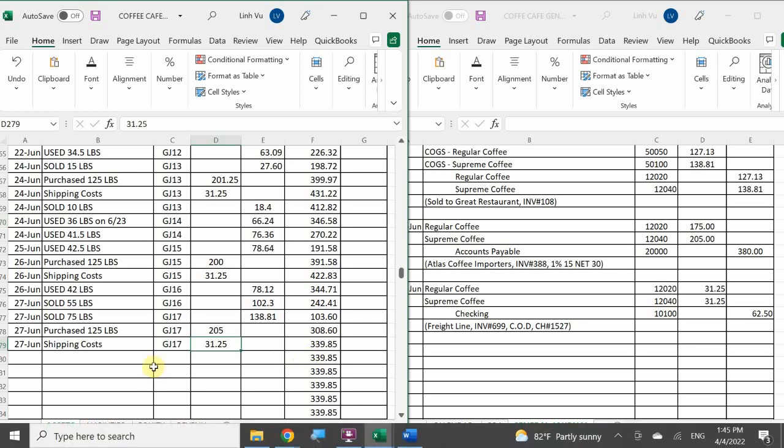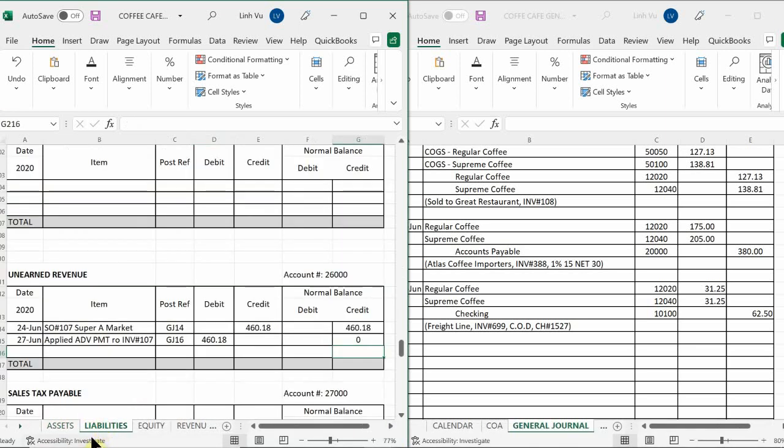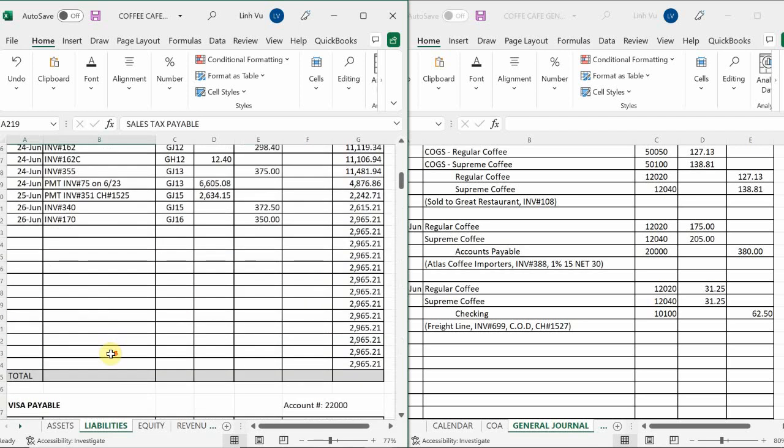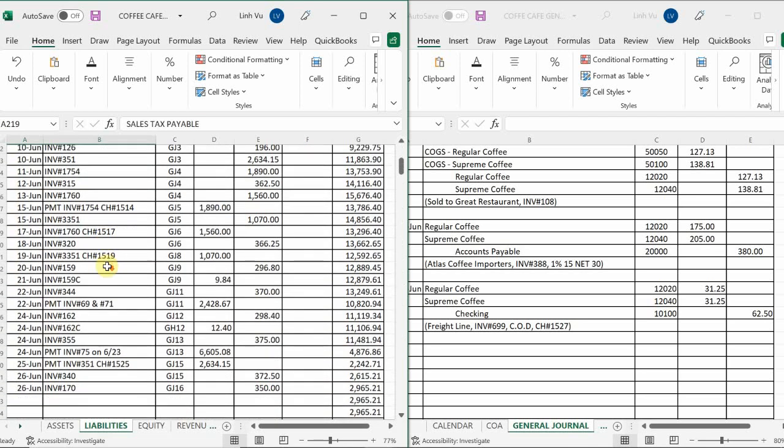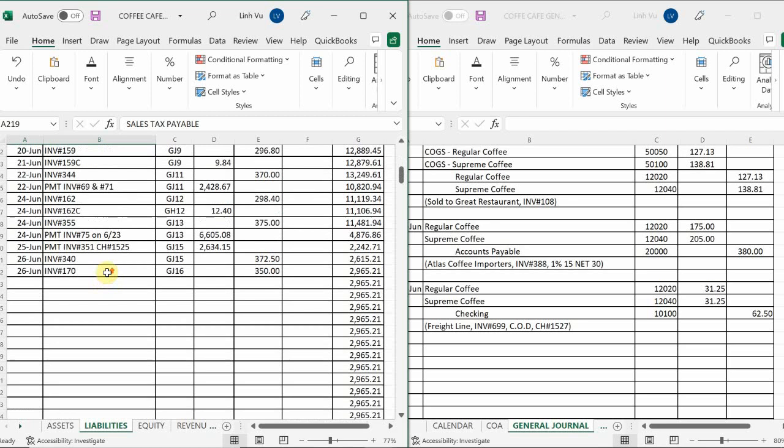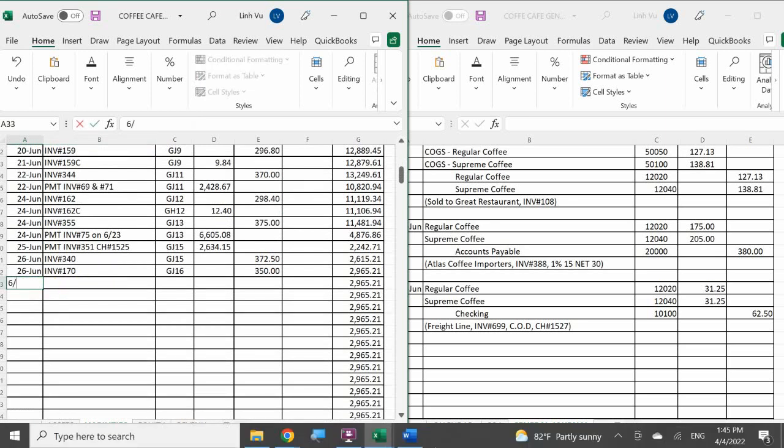Accounts payable. For how much? How much do I owe?